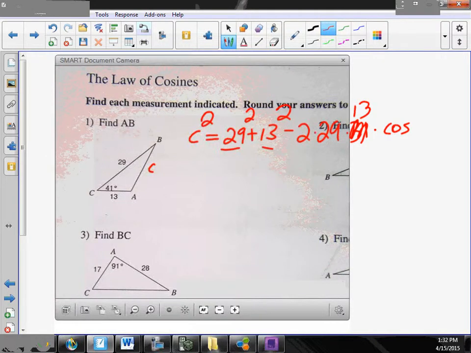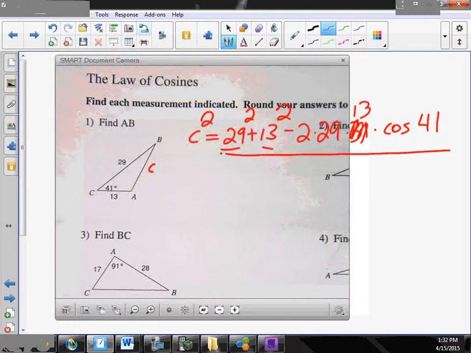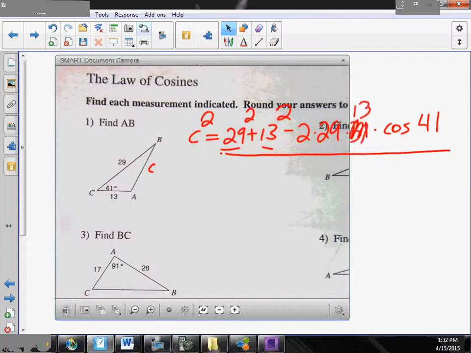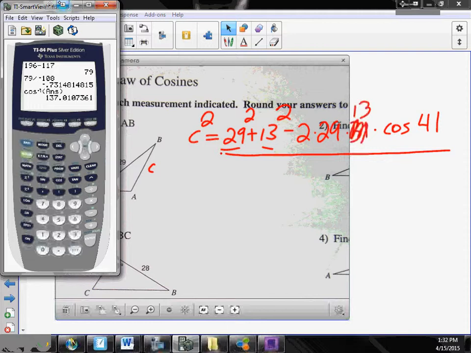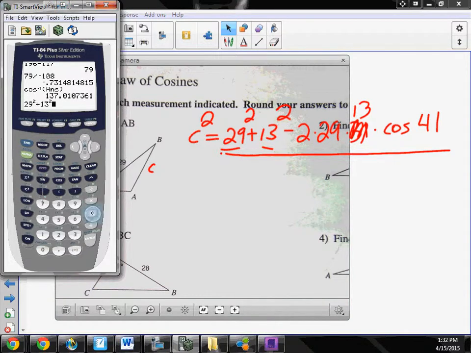Well, this is nice. I can just plug all that in. So, 29 squared plus 13 squared minus 2 times 13 times 29 times the cosine of 41.